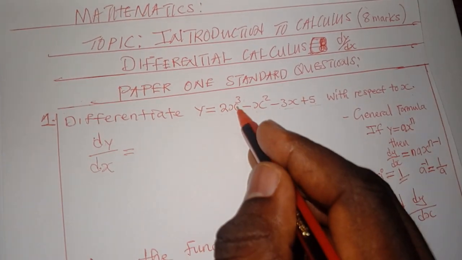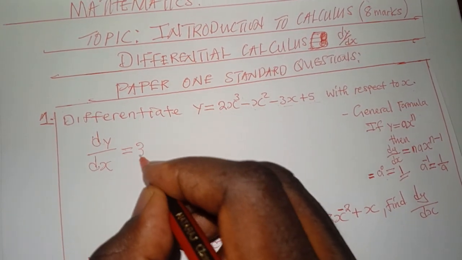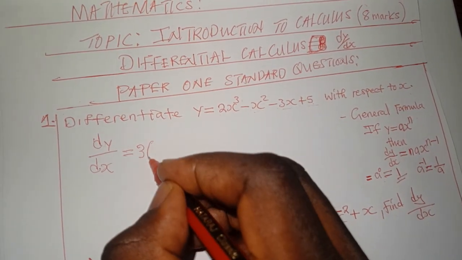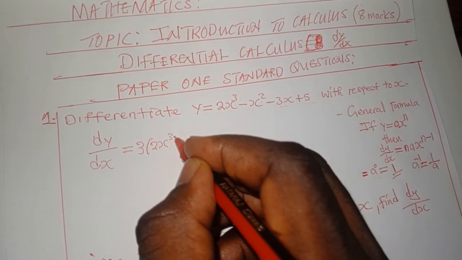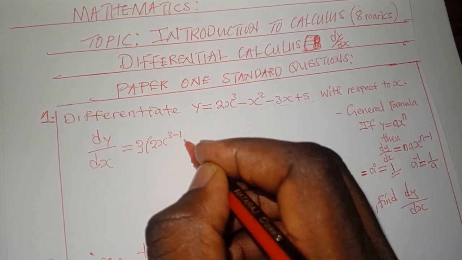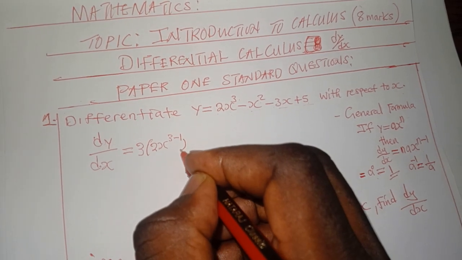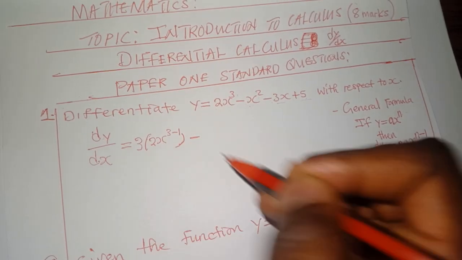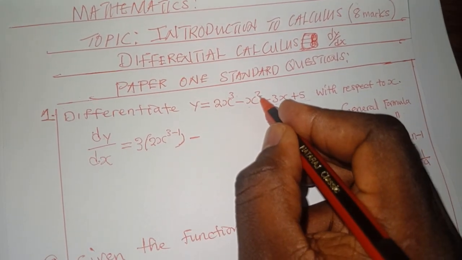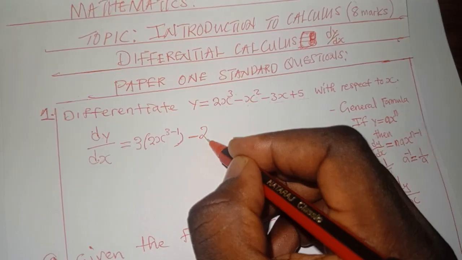The power of x here is 3. 3 will drop here. In the brackets, we have 2x to the power 3 minus 1. We reduce the power by 1. The sign here is minus. Here the power of x is 2. So 2 will drop.